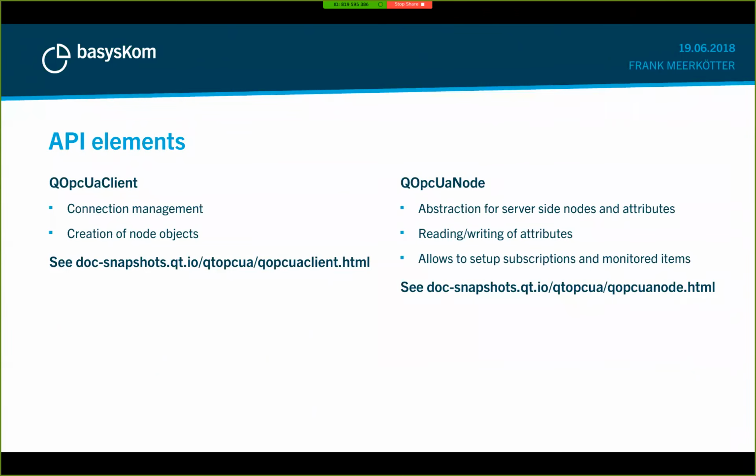Node objects are of type Qt OPC UA node, which is an abstraction for nodes on the server, and within these nodes for attributes, and at its core they allow the reading and writing of attributes, so I can find out about the value, I can change the value on the server. And the Qt OPC UA node also allows to set up subscriptions and monitored items. I've placed the link to the documentation, which provides a detailed overview.